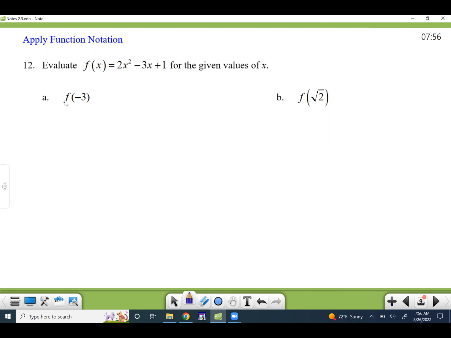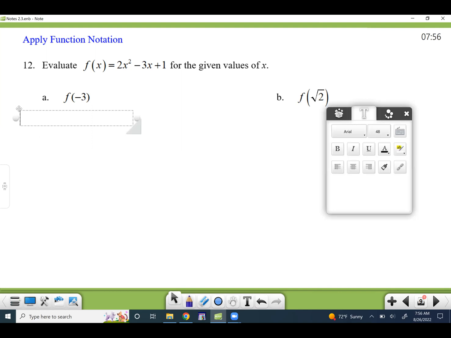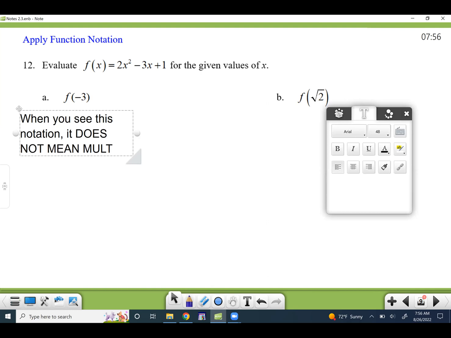But when you see this notation, it simply means take the number inside the parentheses and substitute it in. Okay, does not mean multiply. Sorry, guys, if they recycle notation.